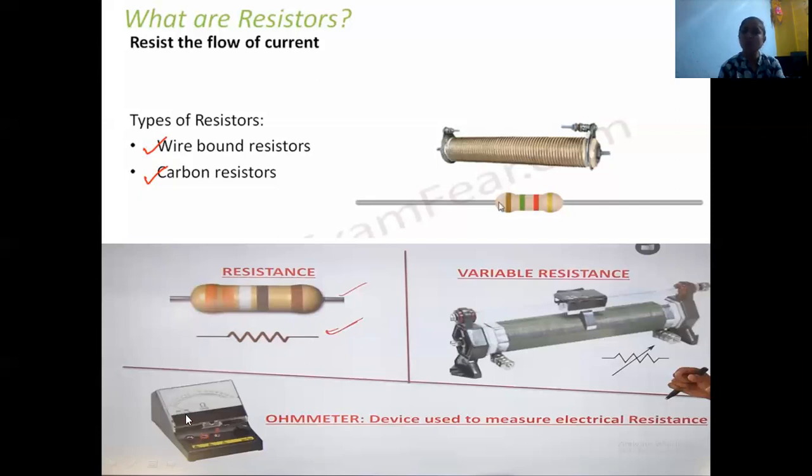And this is a device used to measure electrical resistance, that is the ohm meter. As you have seen the ammeter to measure current and the voltmeter to measure potential difference, in the same way we can measure electrical resistance with the help of an ohm meter. Okay, children. So let us move to the next.